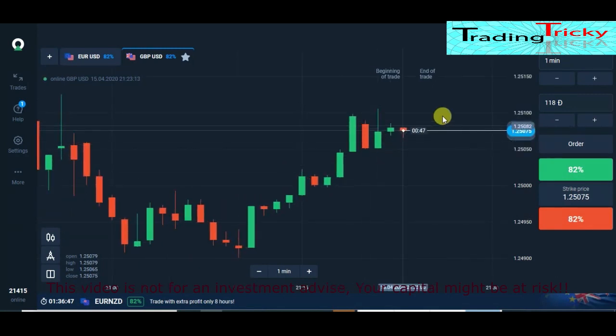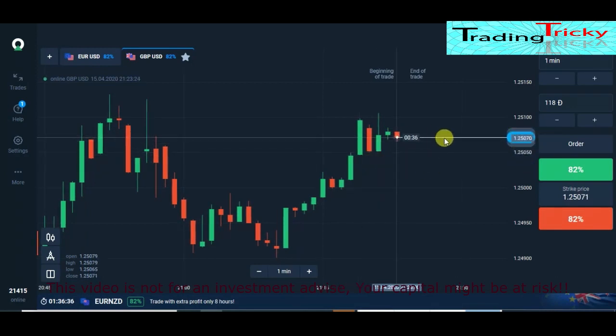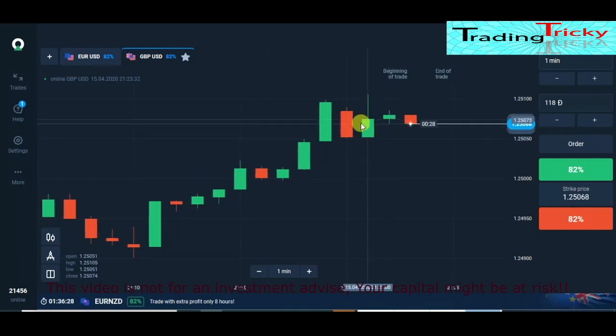And this is the main problem with all-in trades. If you are not able to place the trade at the right time, I mean the last second of the previous candle, then you will face some problems.